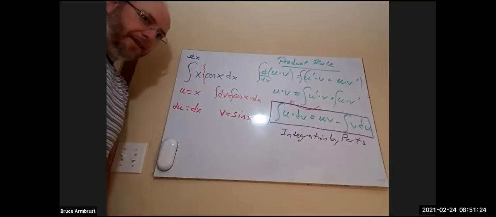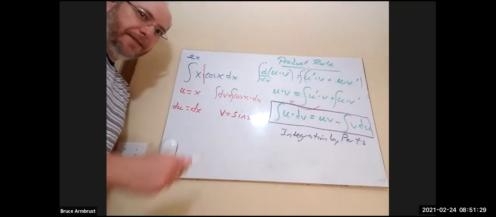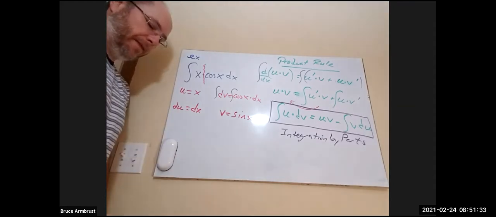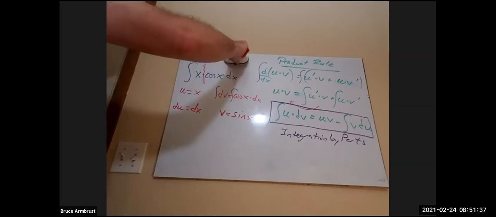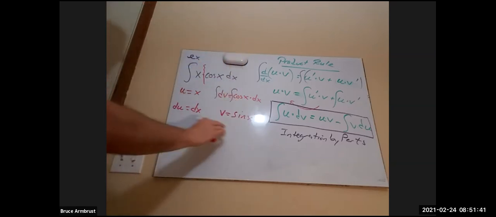All right, well, the integral of cosine x dx is sine of x. And yes, technically I should have a plus c. We don't have to worry about the plus c. It all gets played out along the way. All right, so if I were to break it this way, choose my u to be x, my dv to be cosine x dx, here are my du and my v.